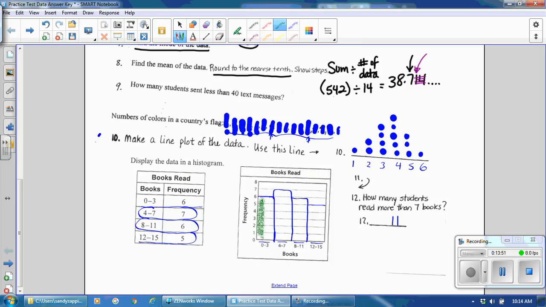You want to make sure that your bars are equal width and that they're nice and neat, straight. The thing about a histogram, you can't tell how many people read 2 books or 5 books or 8 books, but it gives you a good idea of the range of books.